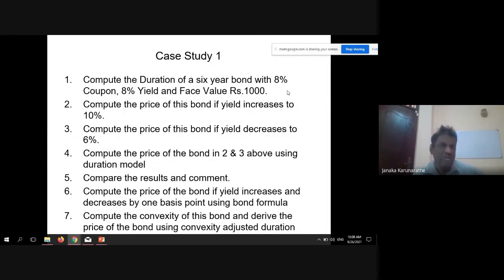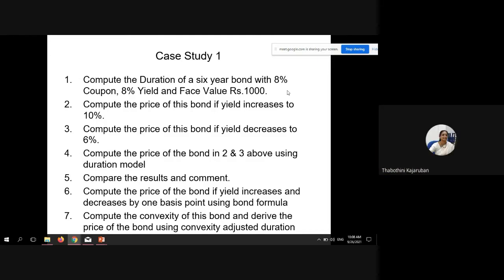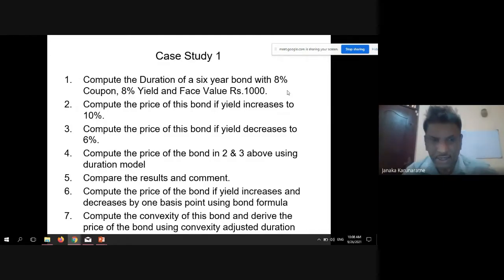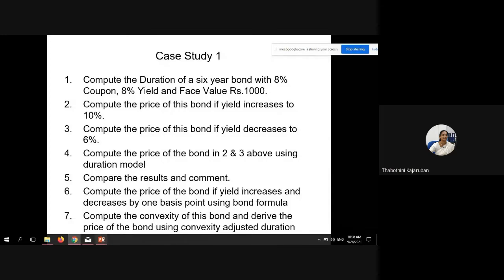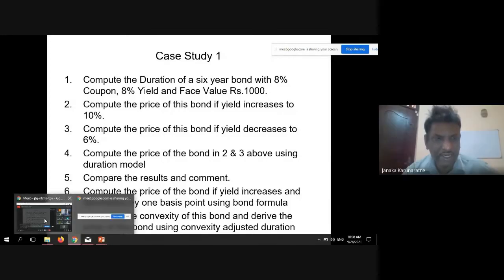Simply follow the formula. What is the formula? Duration equals numerator. What is the numerator? Can someone tell the numerator? Formula numerator, the top part. Can you tell what is it?